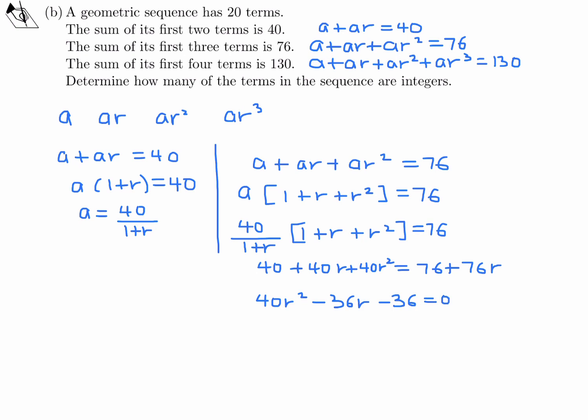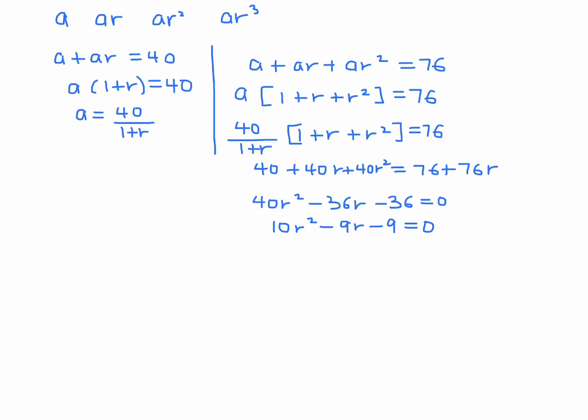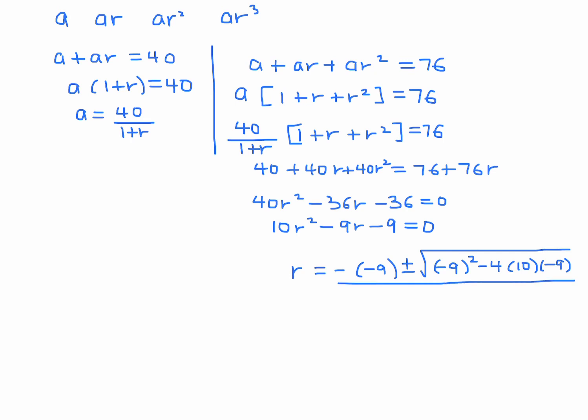And obviously I can divide through by 4, so then I'll have 10r squared minus 9r minus 9 is equal to 0. I don't think this factors very nicely, so I can just use the quadratic formula, and that shouldn't be a big deal. r is equal to minus b plus or minus the square root of b squared minus 4ac, all over 2a.